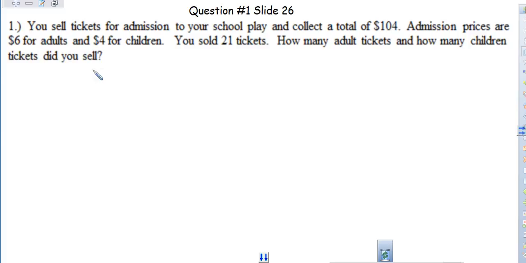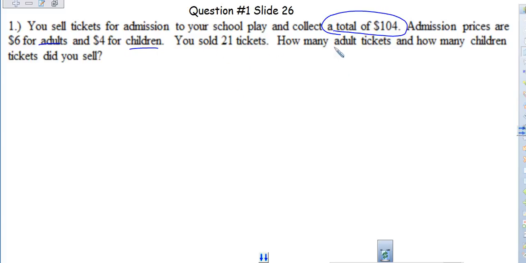So you're selling tickets for admission to a school play, and you collect a total. So there's that word total again. Total means we're going to add our things up and get 104. And it says the admission prices are $6 for adults and $4 for children. Okay? You sold 21 tickets.